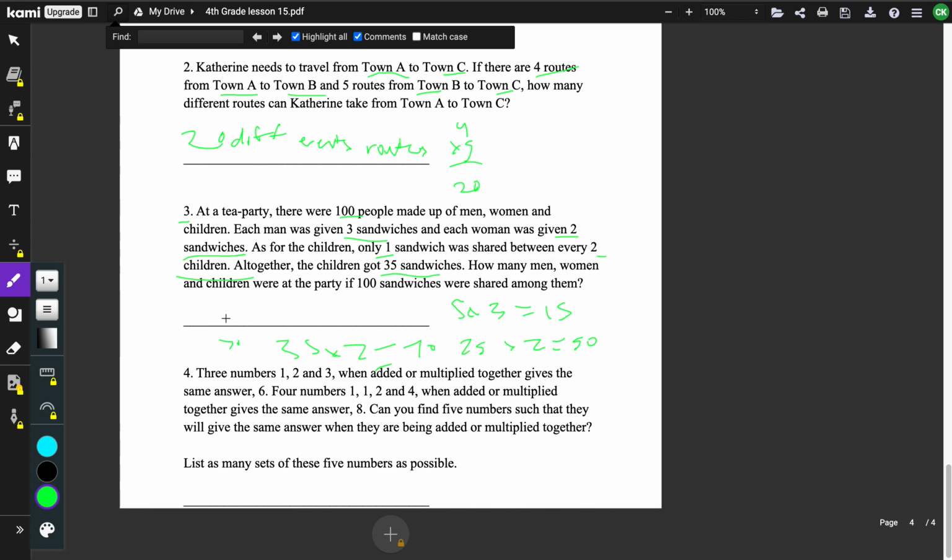So we know that there are 5 men, 25 women, and 70 children. And that's it.